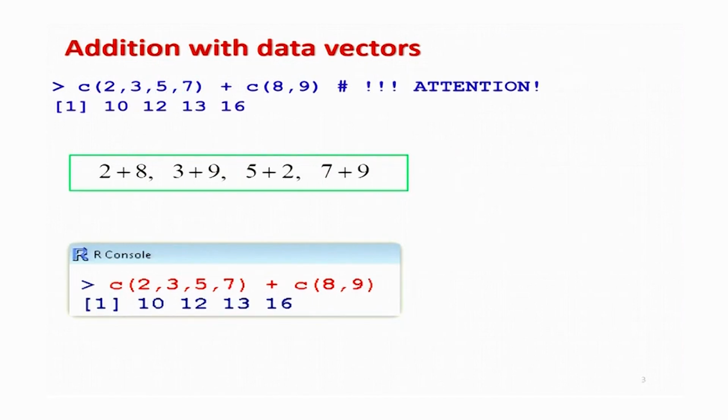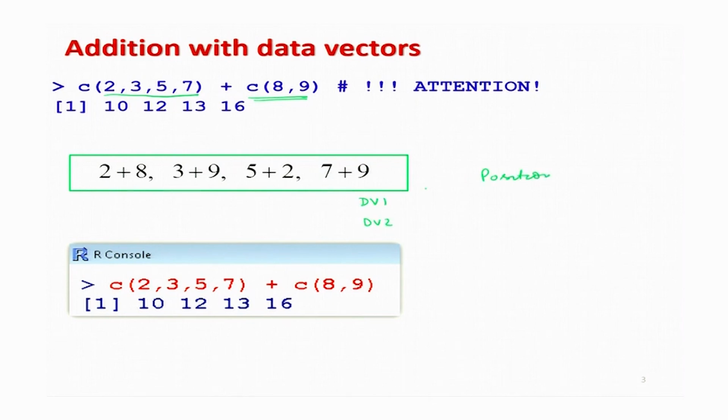So in this data vector, what you can see here, I have taken 4 elements in the first data vector and 2 elements in the second data vector. So what will happen if I try to write down exactly in the same way?